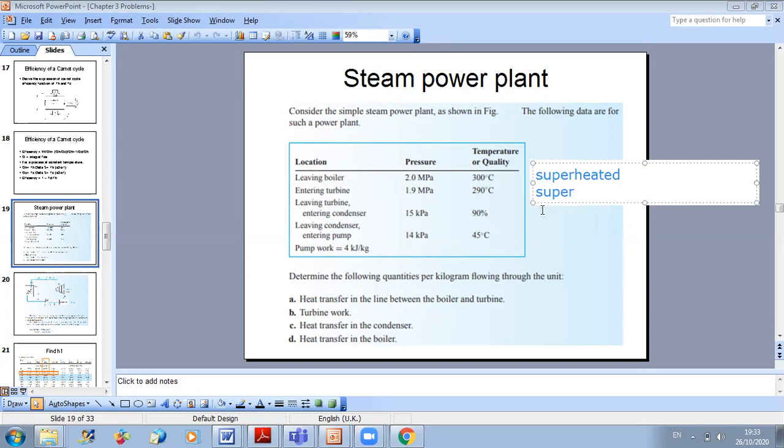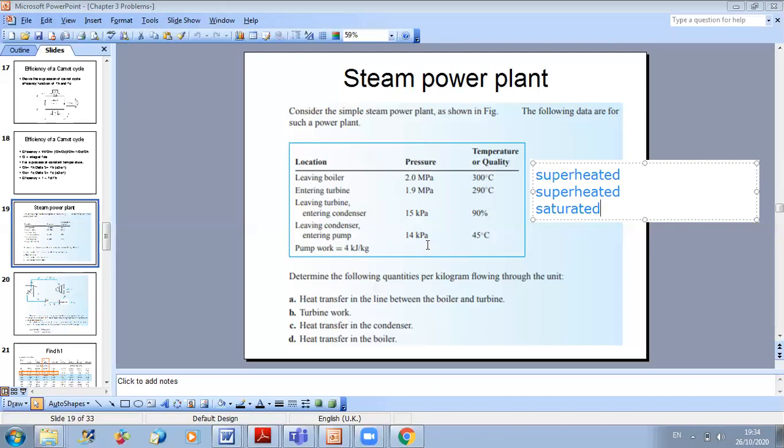Now, as you can see here, at the exit of the turbine, they gave me the quality. They told me that the quality is 90%. So for this state, I will use the saturated tables. Knowing the quality X, I can find the corresponding H, as we will see how. And finally, they gave me also the state leaving the condenser and entering the pump.